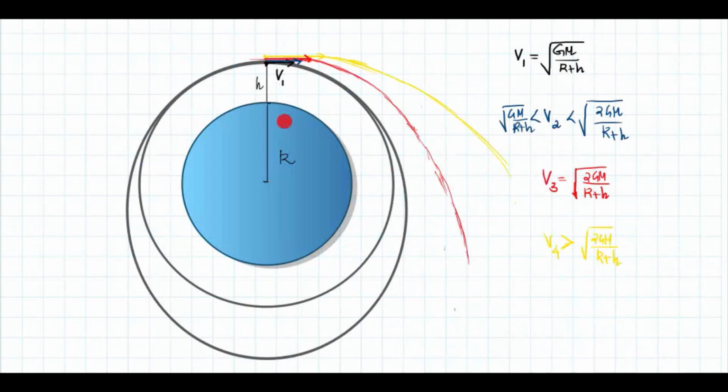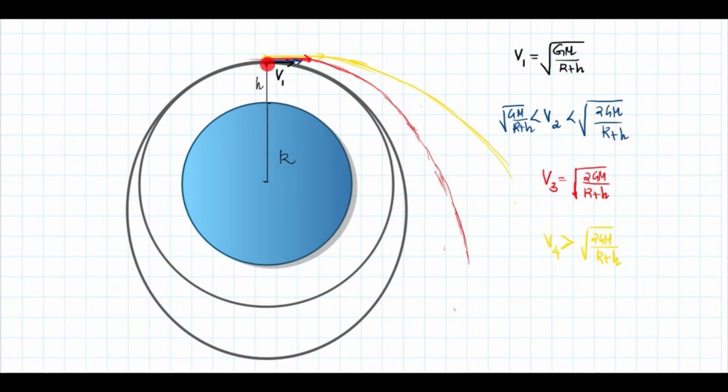Now consider this figure, which is about launching a satellite. Suppose this is Earth. The radius of Earth is capital R, and suppose you want to launch a satellite from a height h above the Earth's surface.